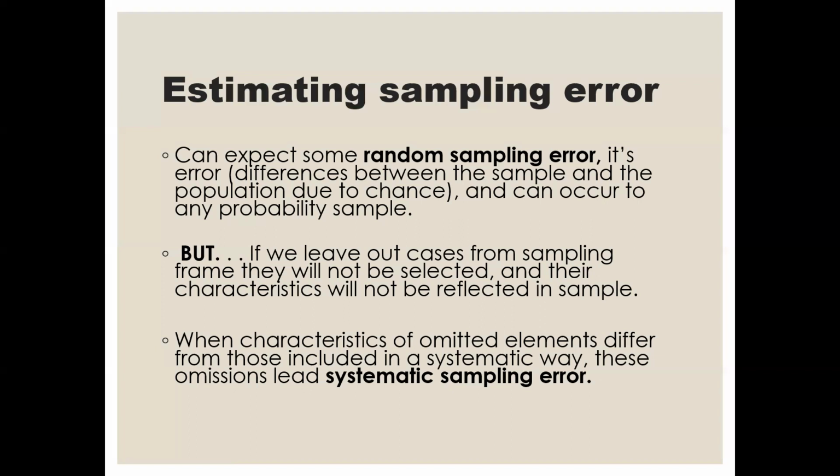So if there's something that you're doing in the way that you select the sample rather than chance, that is systematic sampling error. Random sampling error occurs by chance. If we forget to include those 5 patients, or we decide to leave a hospital off of our sampling frame, so instead of 100 hospitals, we have 99, our sampling frame is incomplete. We have systematic sampling error.